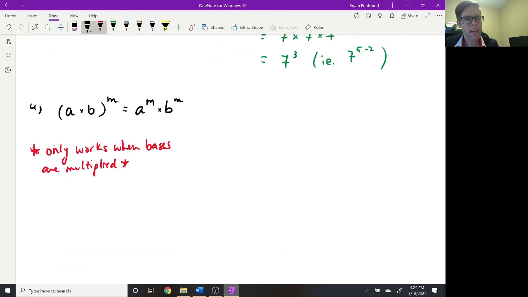But what this is saying is it's possible to take this power and distribute it over the multiplication. So a power does distribute through multiplication. So think about it in that tiered system, right? When we were kind of like looking at expressions like this, we knew that multiplication distributed over addition.